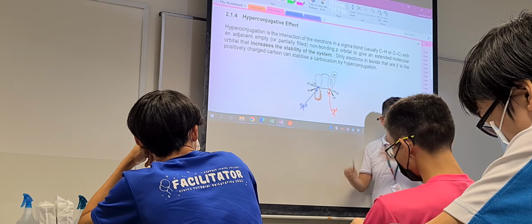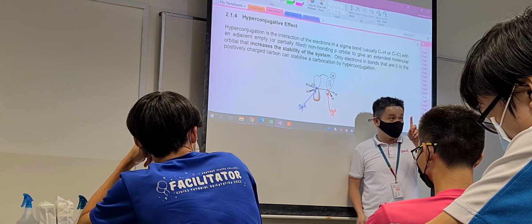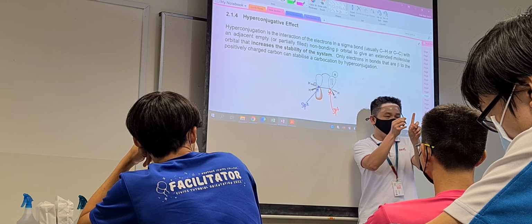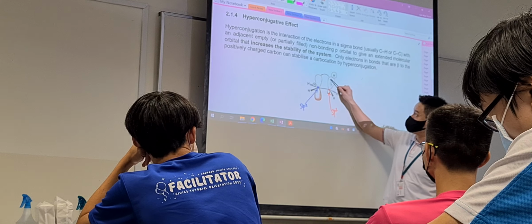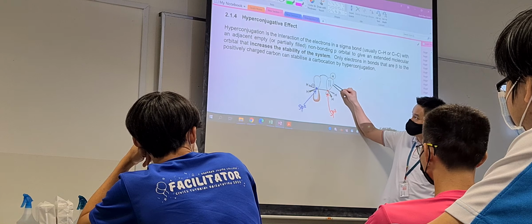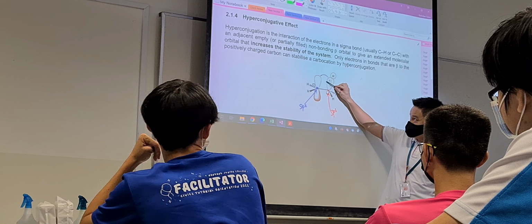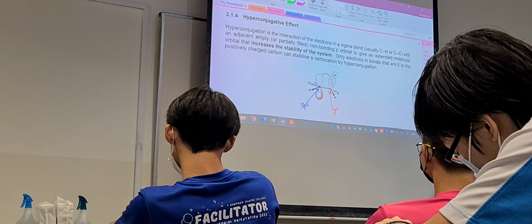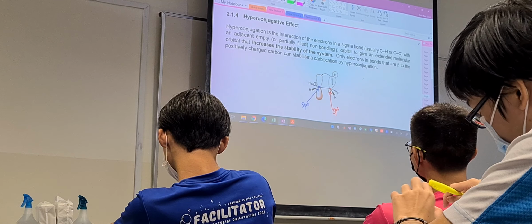So if I were to look at it in terms of an actual diagram, this p orbital is straight, but this CH bond is just slightly tilted. They are quite close, and there could be some overlap here. You notice this little arrow here: these sigma electrons that were shared between the carbon and hydrogen have some donating effect to this empty p orbital. That's how it stabilizes. So that's what we call hyperconjugation.